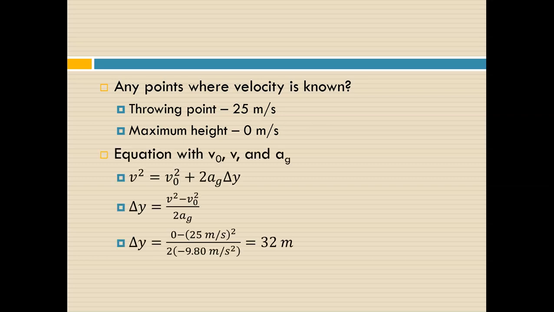Therefore, we need the equation with v0, v, and a sub g that solves for delta y, and that gives us v squared equals v0 squared plus 2a sub g delta y. We solve using the algebra. I know you're really tempted to put the numbers in right here right away. Please don't. Solve it with the algebra first. That way, if you make an algebra error, I can help you with it. If you make an arithmetic error, I can't tell if it's an arithmetic error or an algebra error. Then you plug in the numbers and you come up with a height of 32 meters.